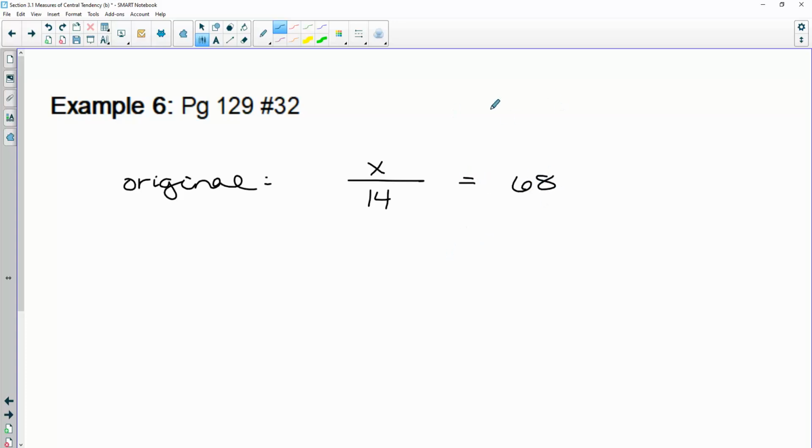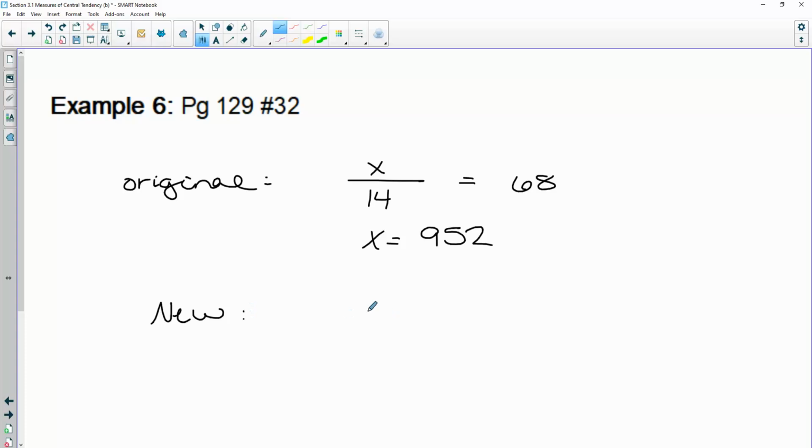Now I can't go back and figure out what those original 14 numbers were, but we can find what they all added up to. So if we multiply over the 14, 952. That's the first 14 students when I add their heights.